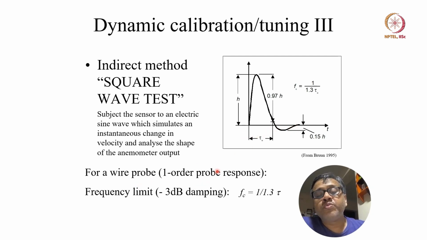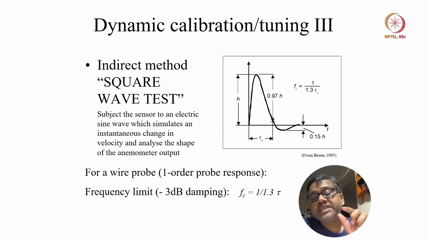For the wire probe, you can also check the frequency limit, which is roughly 1 by 1.3 of the time constant. Okay, 1.3 times the time constant. That's the kind of response that you can safely work with.